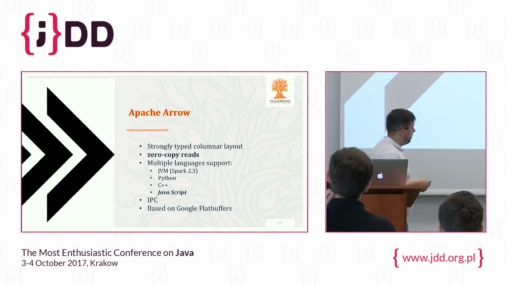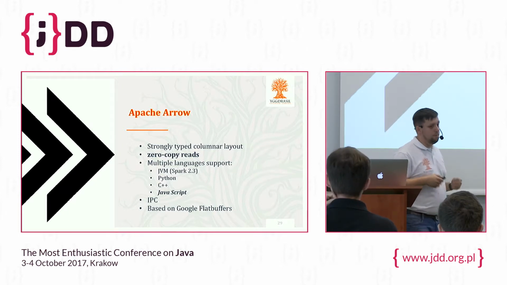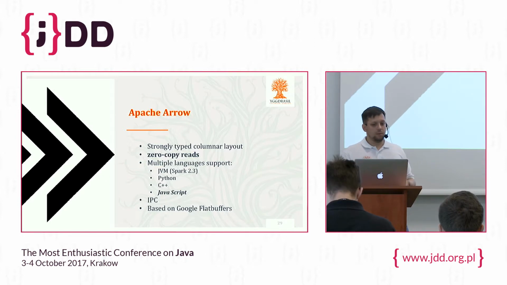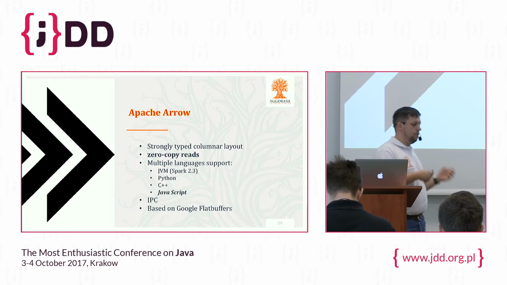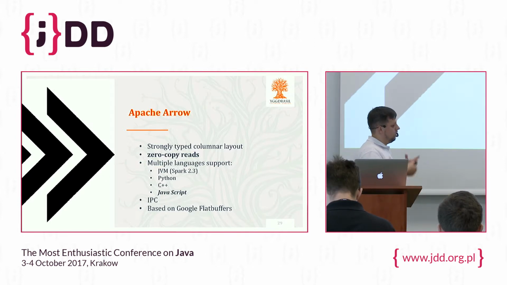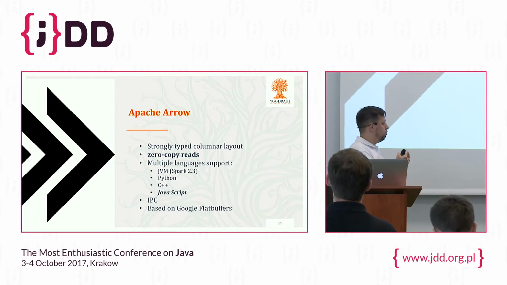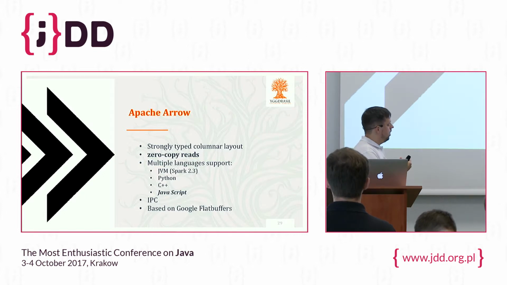First of all, it has a strongly typed columnar layout in memory. That means all the benefits that we have in Parquet, storing all this information together, are available in memory also. Then zero copy reads: reading from different programming languages, you can reach the same memory, because the data is immutable in Arrow, so you can easily query it from different programming languages.